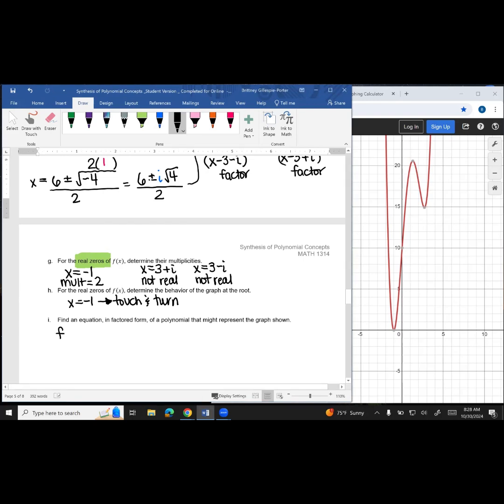Last part, we need our function in factored form, and our function was f of x. The very first factor we found was x plus 1. And then we found x plus 1 again. From our quadratic formula, we found x minus 3 minus i and x minus 3 plus i.